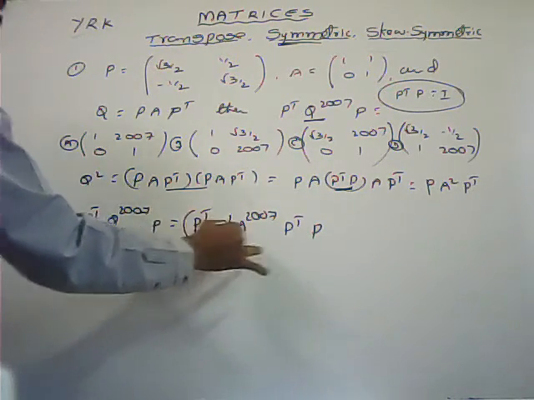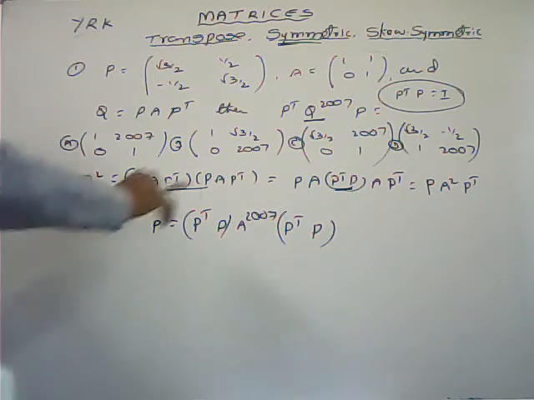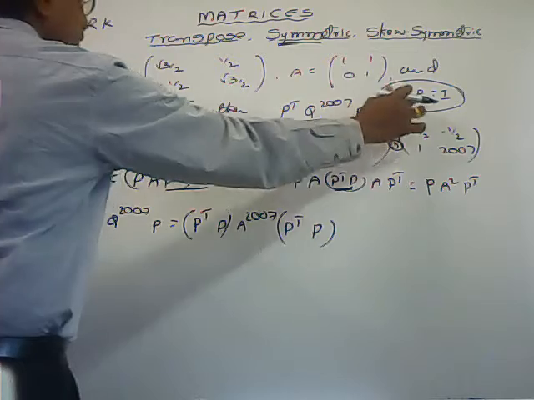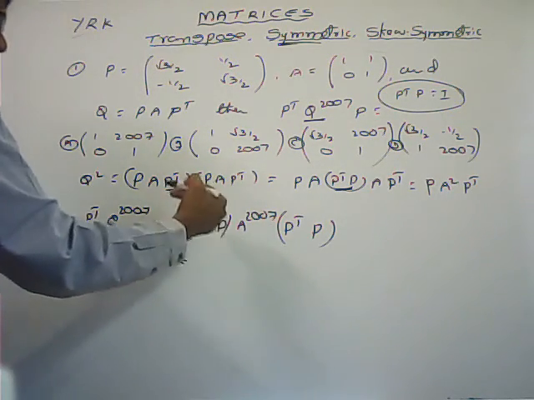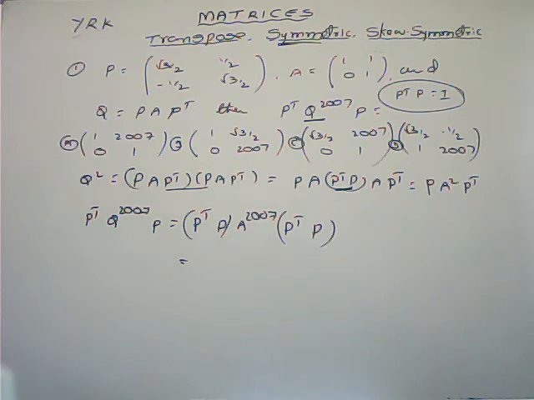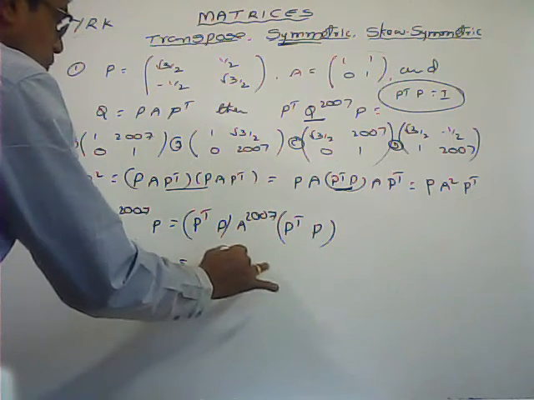So what is the combination of these two? Here P transpose into P, by multiplying these two matrices we get the identity matrix. So this is I, that is I. If any matrix is multiplied by the multiplicative identity, we get that matrix only. So here we get A power 2007.